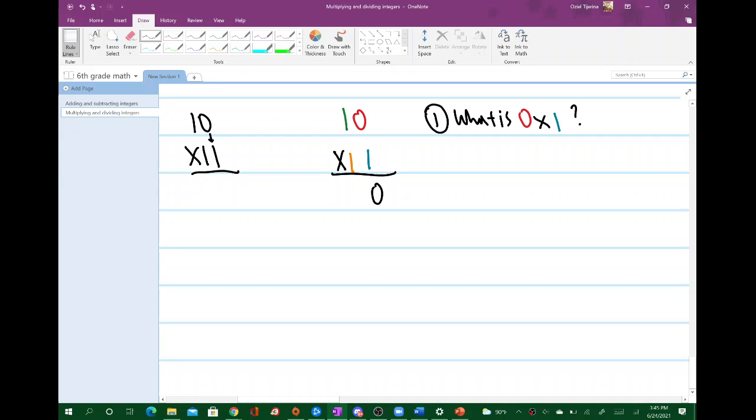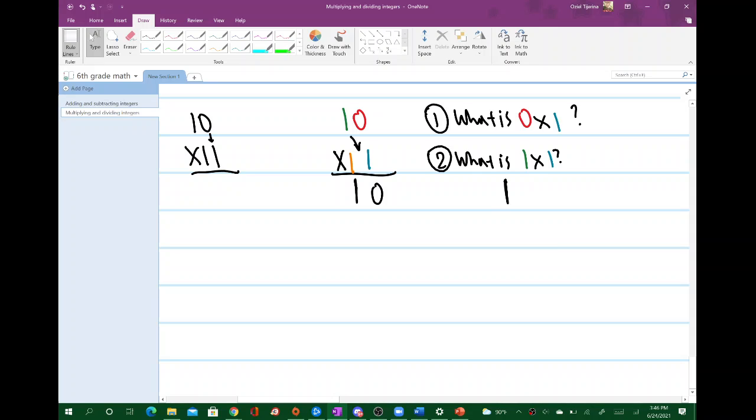It's 0. Number 2, you're going to do these 2. What is 1 times 1? Okay, so that's this part here. Well, 1 times 1, that's just 1. Put it right here.